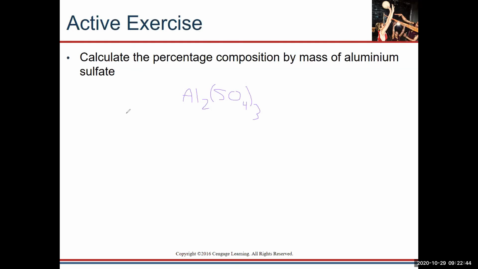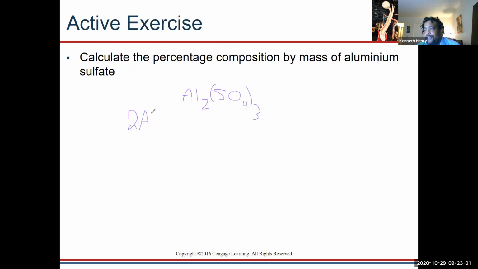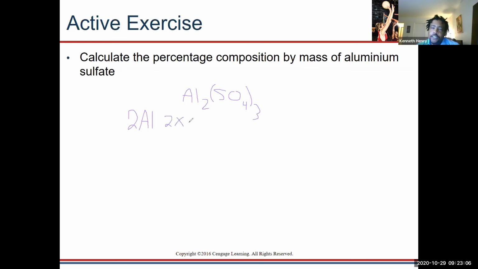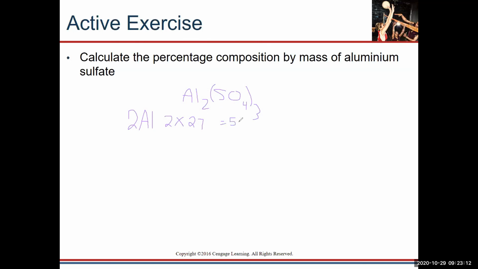Okay, so we're going to calculate the mass. We have aluminum, there's 2 of those. So you're the mass or the molar mass? We're trying to find the molar mass of the compound. Okay, so 2 Al. Al weighs how much? 27. So that's 54. Then sulfur, we have 3 of those, and that weighs 32.